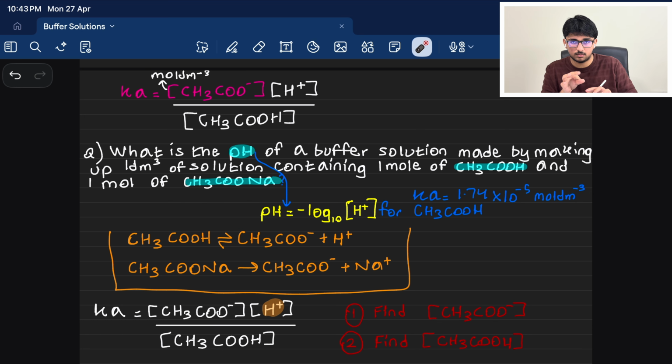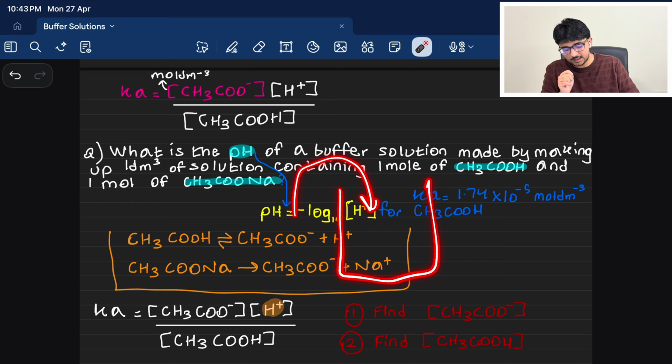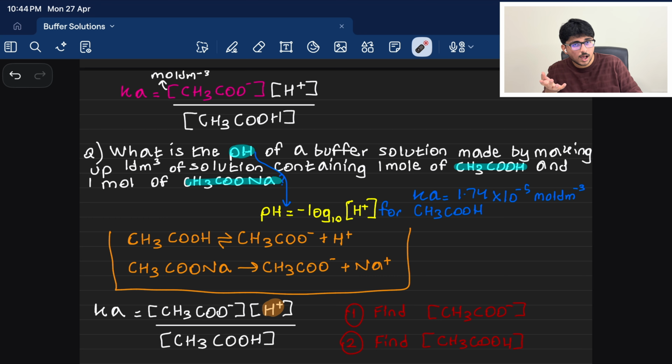I'm adding water to it. Let's take another example. I take another container, I add the same 10 ml of sodium ethanoate, but this time, I add only 2 ml of water. The concentration is going to be higher. It's going to be different because I have added less water here. I haven't really diluted the salt too much.